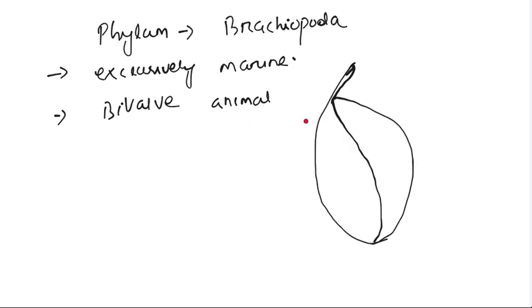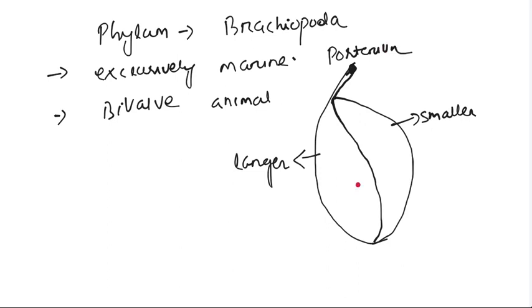This is a bivalve animal, of which one valve is the larger valve and one valve is the smaller valve. This side is called the posterior side. This side is called the anterior side.